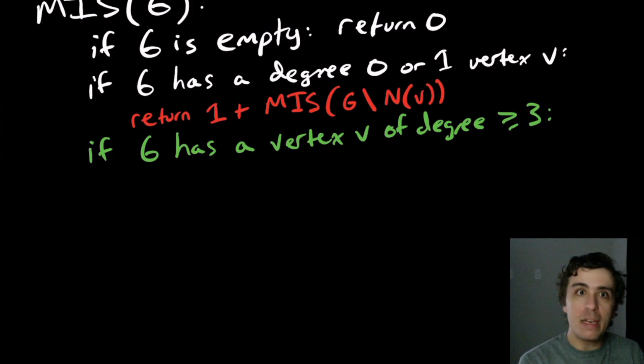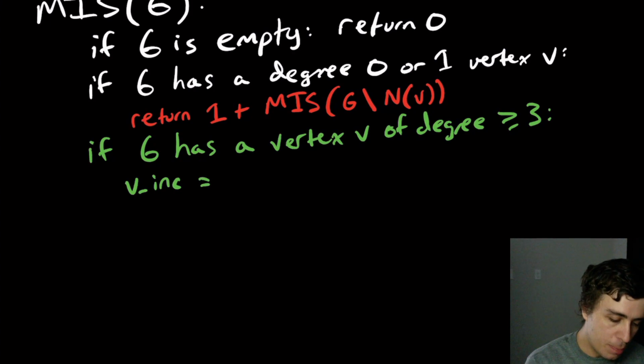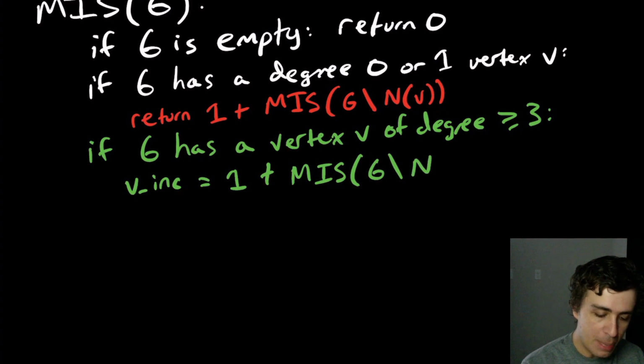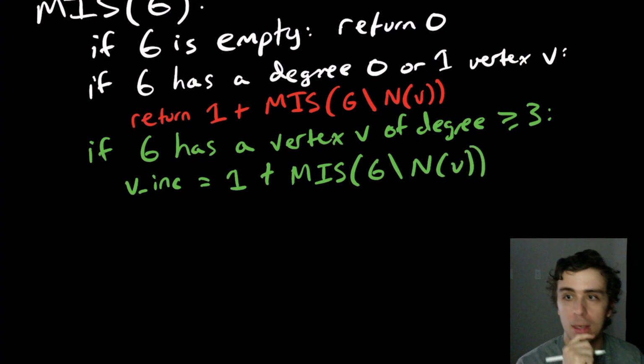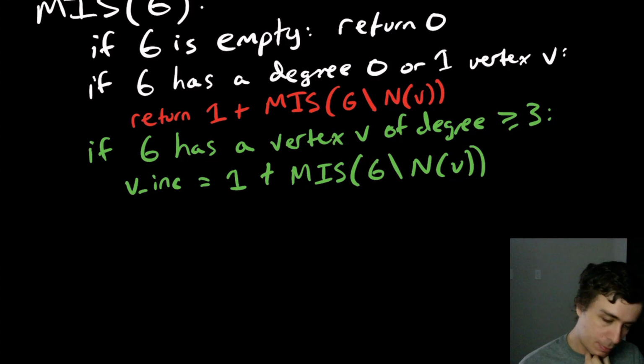We either include V or we don't, and I'll take the maximum of the 2 because we want the maximum size. So V included is 1, because we're including it, plus the maximum independent set size of G without the neighborhood of that vertex. Okay, because that's what we need to do.